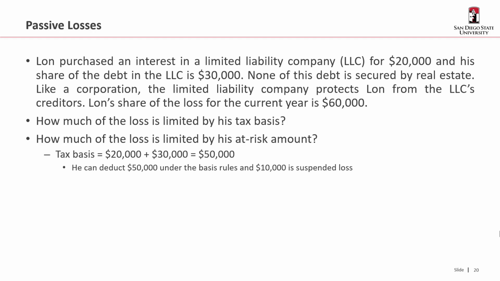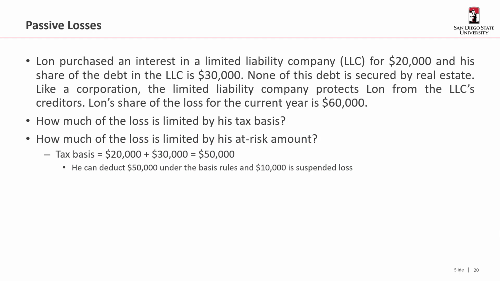Well, it's what he invested, the $20,000, plus his share of the debt, or $30,000. So his basis is $50,000. So what this means is that under the basis limitation, he can deduct $50,000, so that's the extent of his basis, and the remaining $10,000 of that loss is what's described as suspended and must be carried forward.